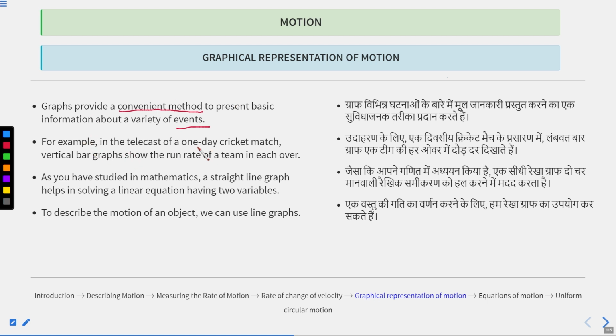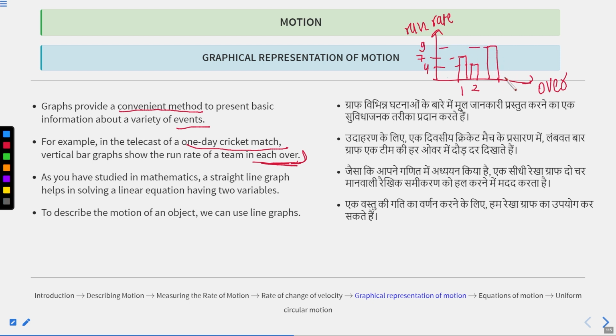For example, in the telecast of one day cricket matches, vertical bar graphs show the run rate of the team in each over. Over versus run rate. In the first over the run rate was 7, in the second over the run rate decreased to 4, in the third over the run rate increased to 9, in the fourth over let's suppose there was a wicket, and the run rate became 2.